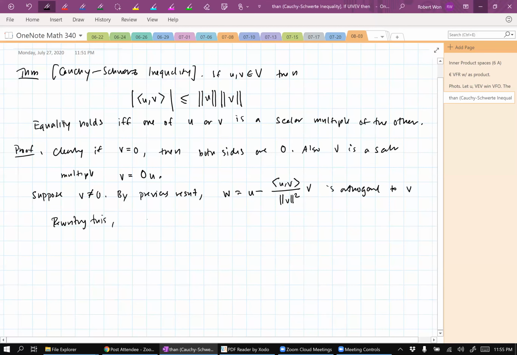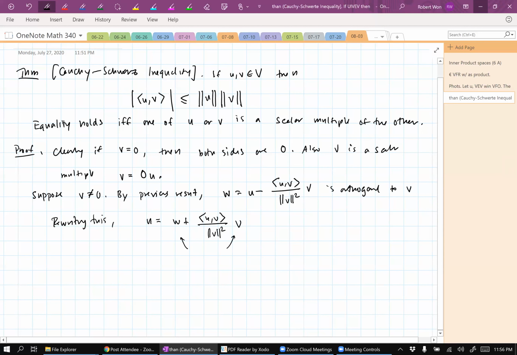Rewriting this means that u is equal to w plus the inner product of u and v over the norm of v squared, times v. Right, and w is orthogonal to v. So that means that we can use the Pythagorean theorem, right?